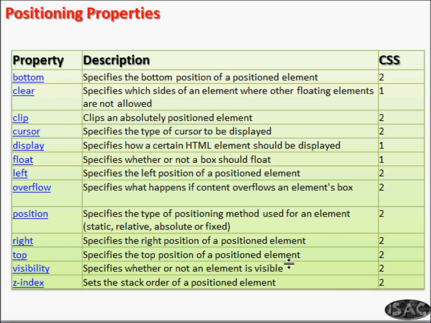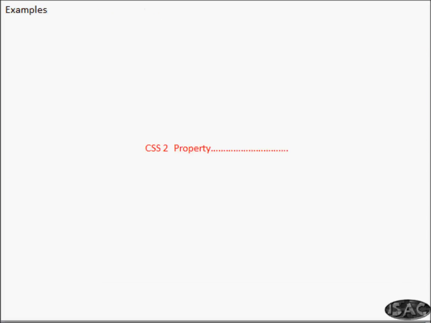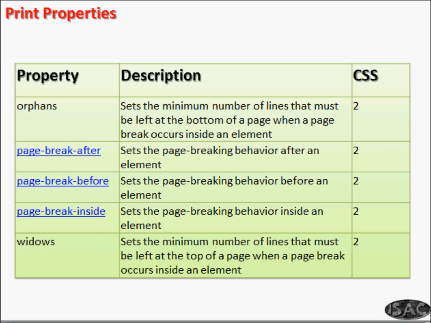These are not new, they are old properties of CSS1 and CSS2. If we talk about the print properties, we have page break after and page break before, which are again old properties of CSS1 and CSS2.